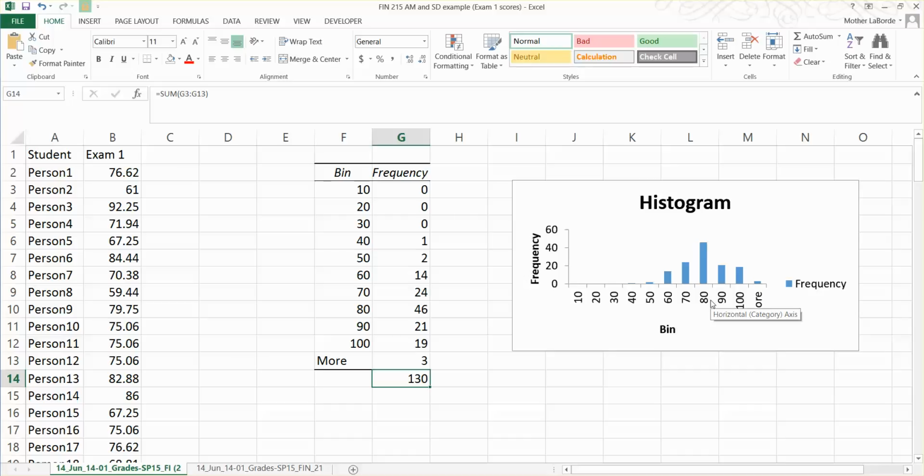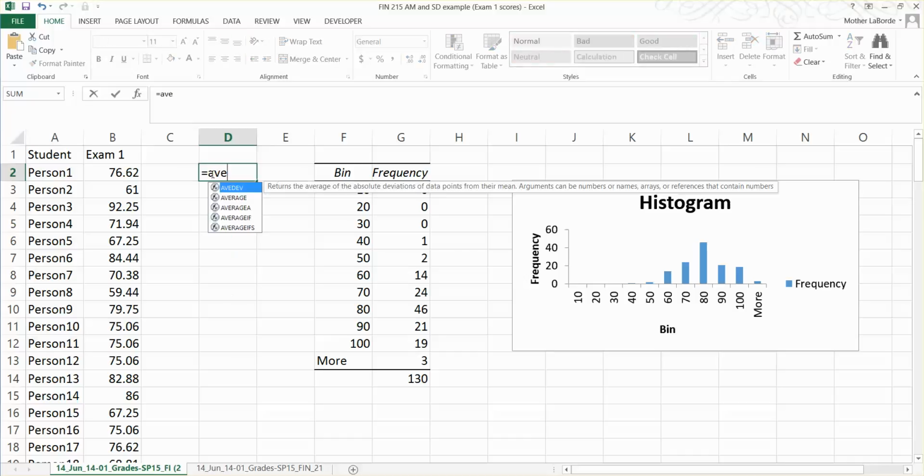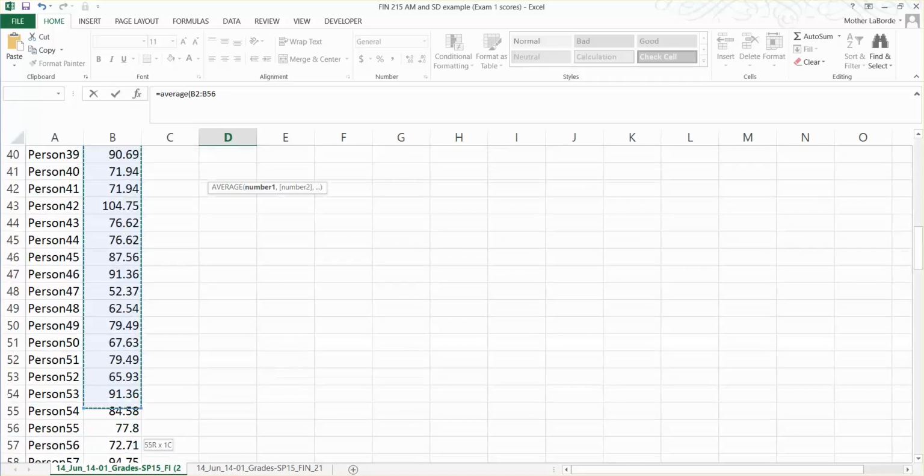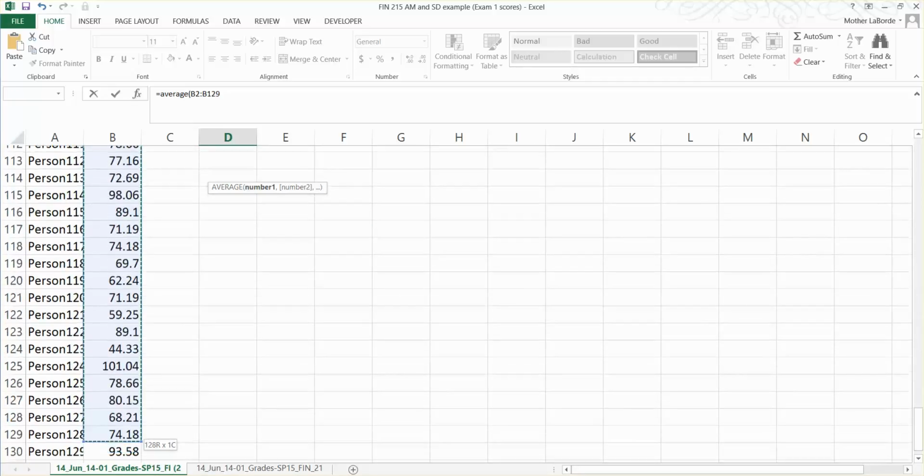Because this emulates a normal distribution, there are a variety of things that I can do with it. The first thing that I'm going to do is calculate the mean score, or the average. And y'all have probably been doing this since about the 3rd grade. So I'm just going to average all the values.